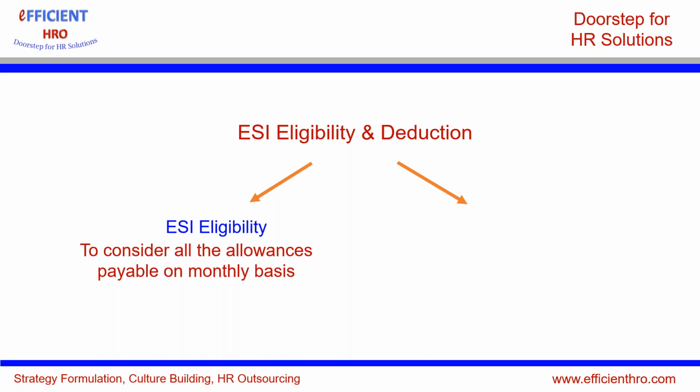When it comes to ESI eligibility, whether the employee will be considered under ESI or not depends on the fixed allowances the employee is paid on a monthly basis, like basic, DA, then HRA, conveyance, medical, special allowance, other allowance.